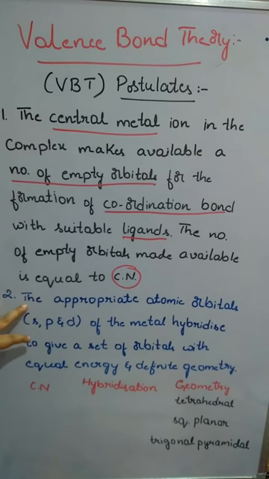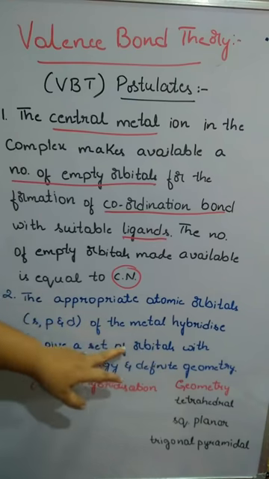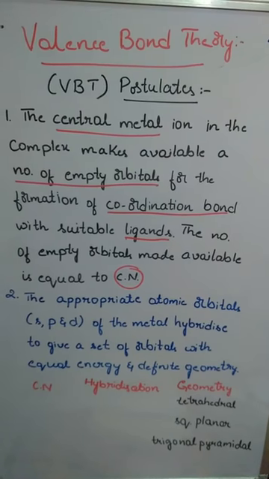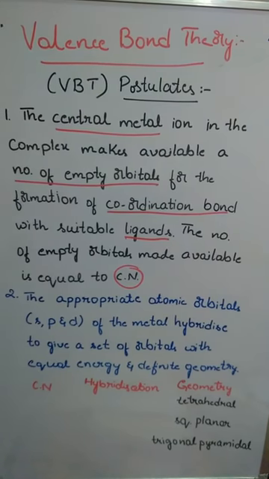The second point: appropriate atomic orbitals s, p and d of the metal hybridize to give a set of orbitals with equal energy and definite geometry. That is, the atomic orbitals in the metal are involved in hybridization.